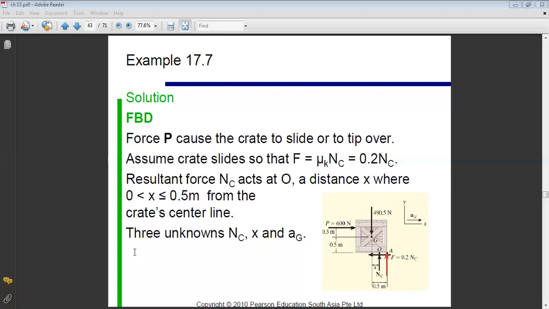The first scenario, if not translation, we have first possibility, we have rotation about fixed point, and this fixed point will be A, about fixed point A. Can you tell me what is the condition to have fixed rotation? How should be the friction at A?